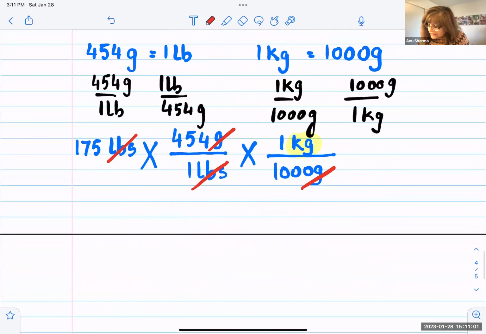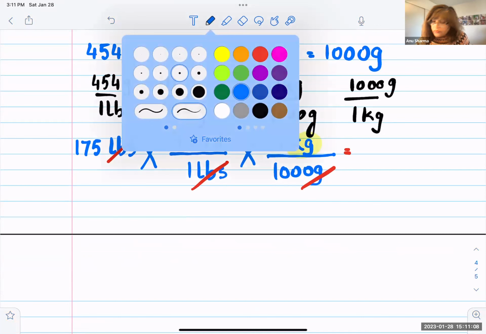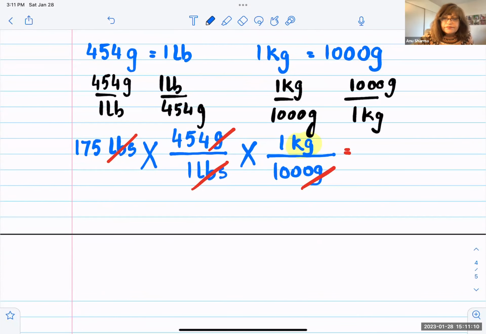Now all of them are exact numbers, right? So let us see what we get for the answer. Okay, when you do this calculation, you get these numbers.